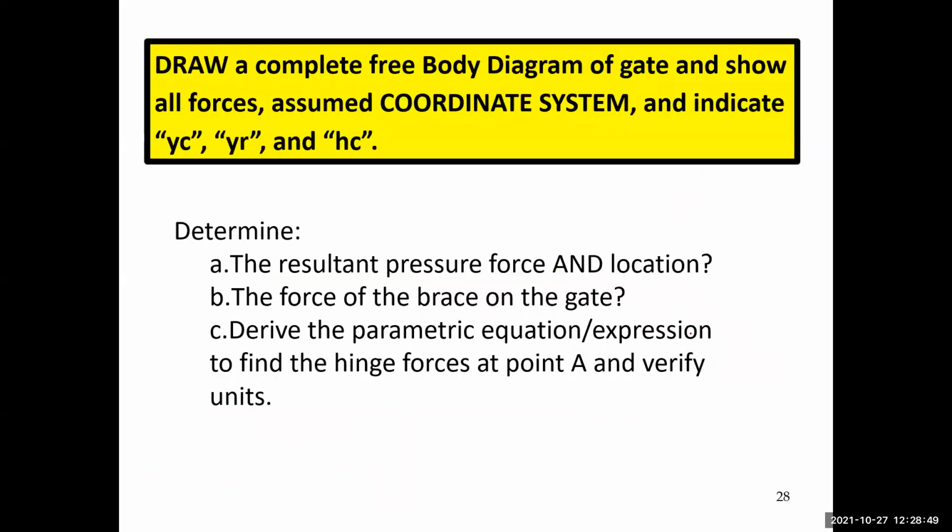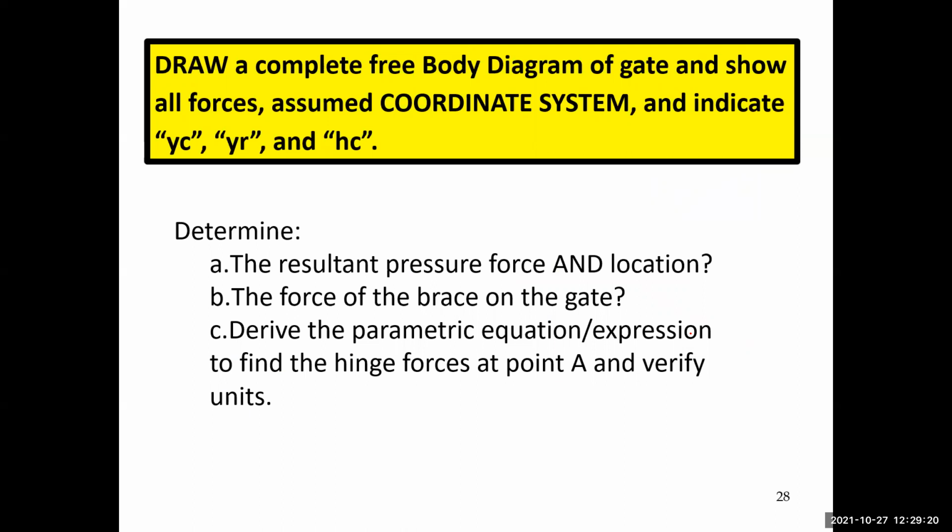So the first question on every exam, on every quiz, will be: draw a complete free body diagram of the gate and show all forces, show the assumed coordinate system, and indicate the definitions of y sub r, y sub c, and h sub c. Because it's understanding the free body diagram and understanding the definitions of these parameters that will drive you toward the solution.